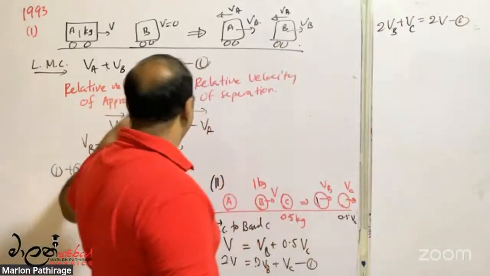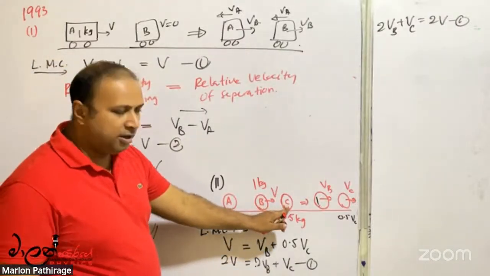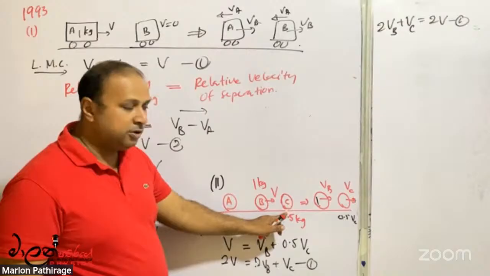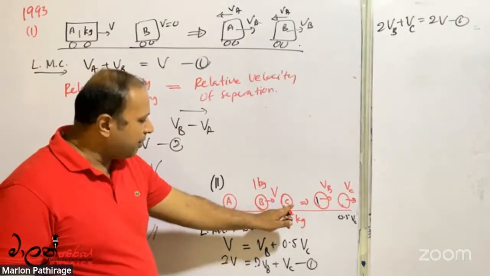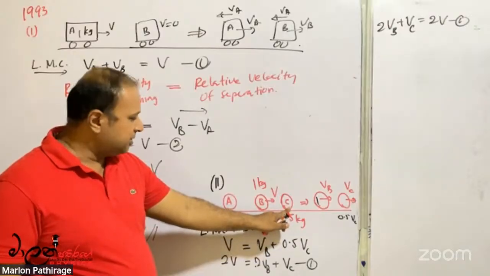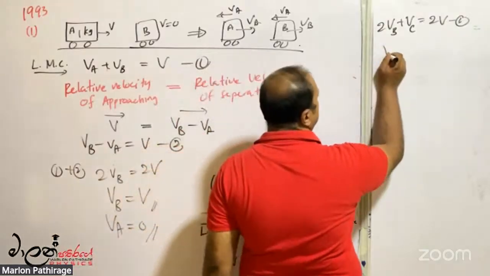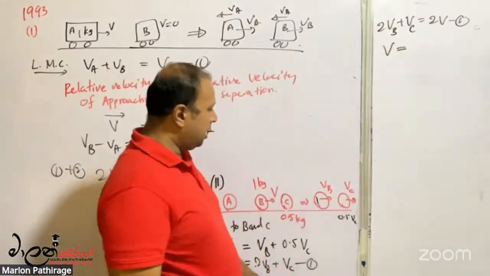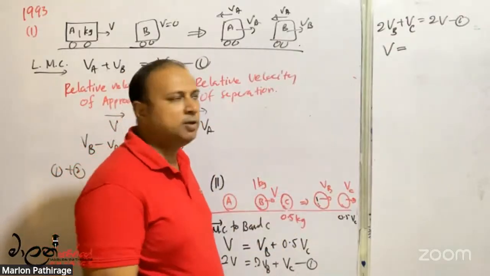If I apply the relative velocity method, relative velocity of approaching, with respect to C it is equal to V. Now, relative velocity of C with respect to B means VC minus VB.